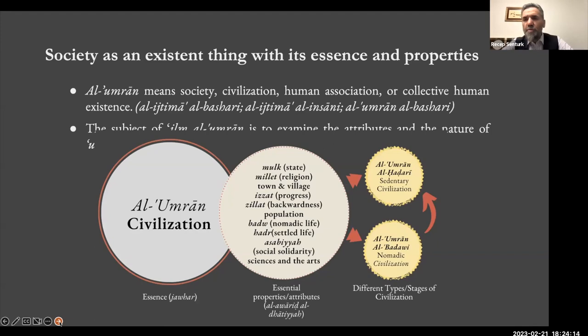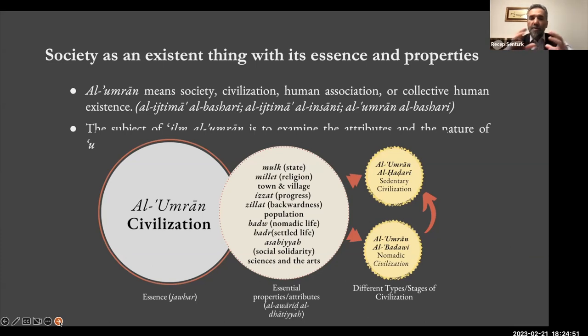So how about Umran, which is the subject matter of Ilm al-Umran, the science of society. Al-Umran, which is the key word for Ibn Khaldun, means society, civilization, human association, or collective human existence. For Ibn Khaldun, these terms are synonymous. In Arabic, he uses al-ijtima al-bashari, al-ijtima al-insani, al-umran al-bashari, or al-madaniya.